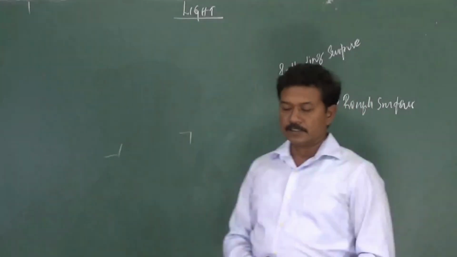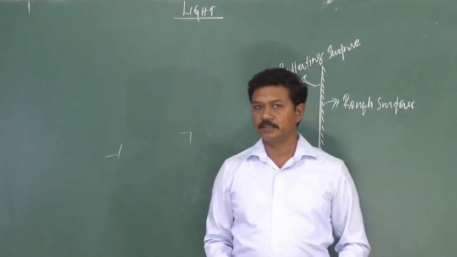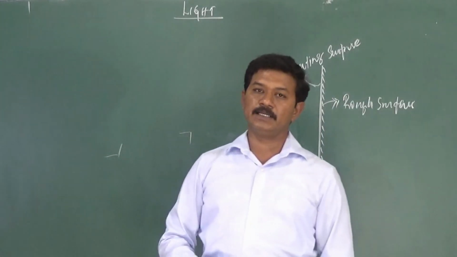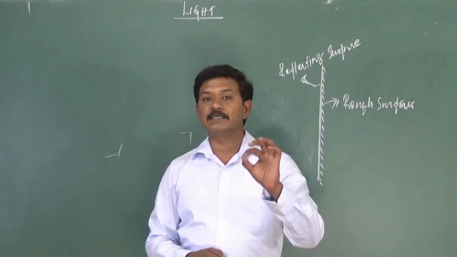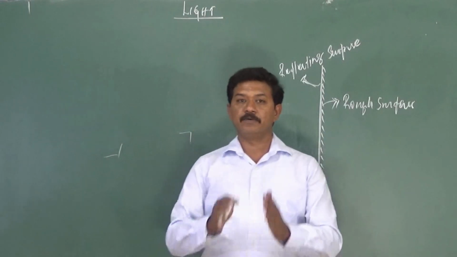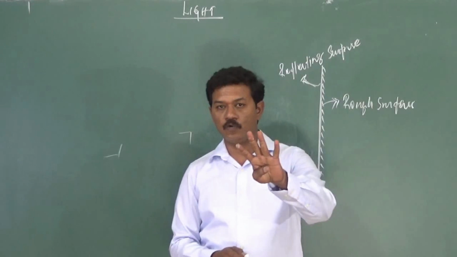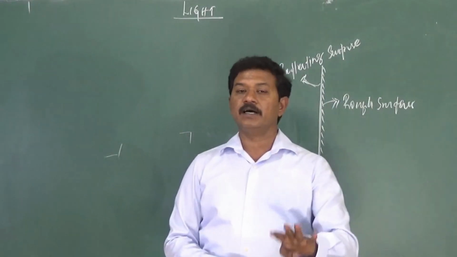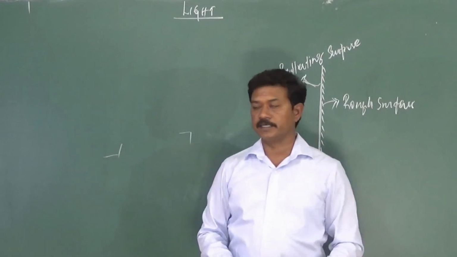Right. So before understanding more regarding the reflection of light, we have to understand certain technical terms which are related to reflection of light. Before that, let us go with all these four fundamental terms, and then we will go with the law of reflection.